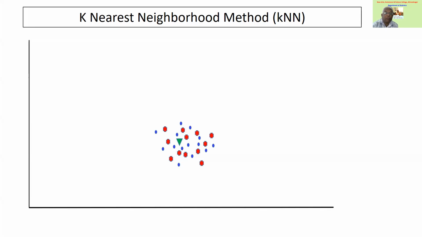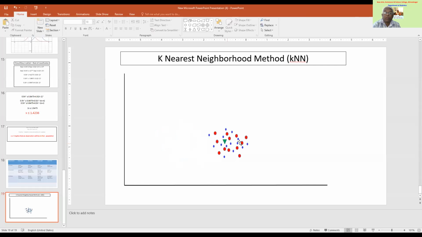And from this point, I will find all the distances, the distance of the point that I want to classify from all other points. Suppose I find this distance, and this distance.